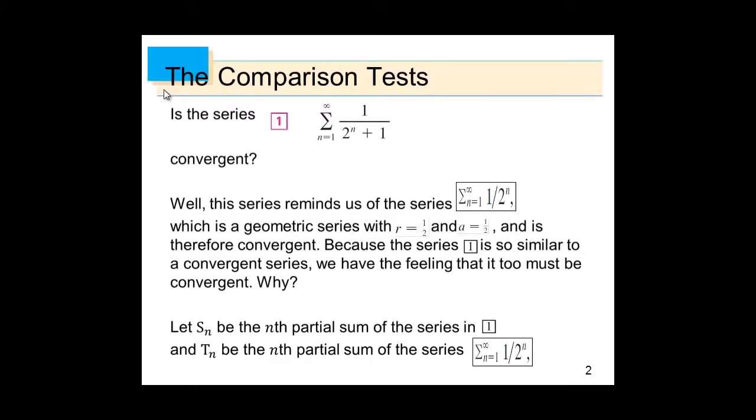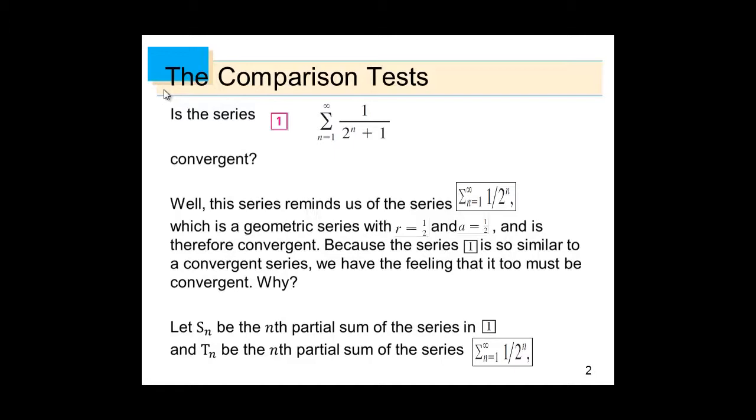Let's start with an example. Let's ask the following question. The series number 1, the sum of 1 over 2 to the n plus 1, n going from 1 to infinity. Is this series convergent?